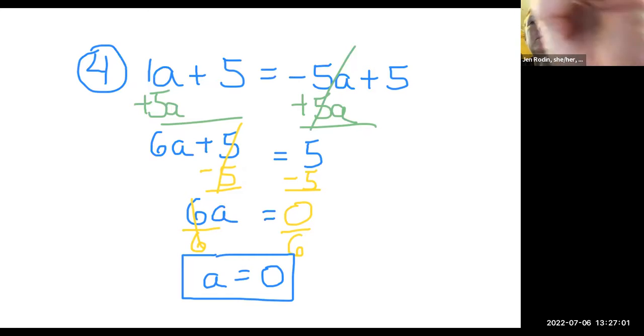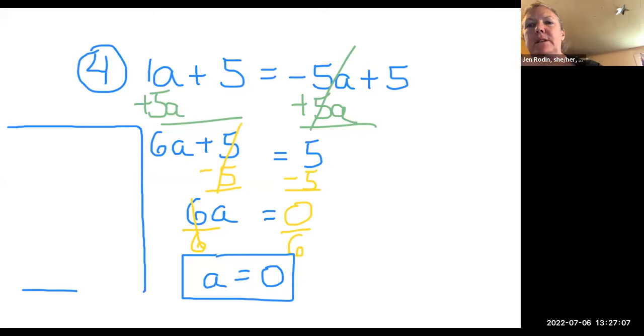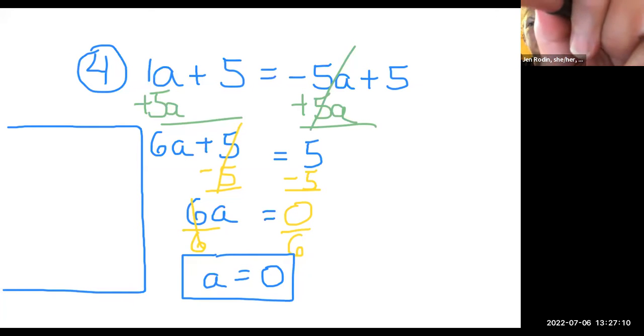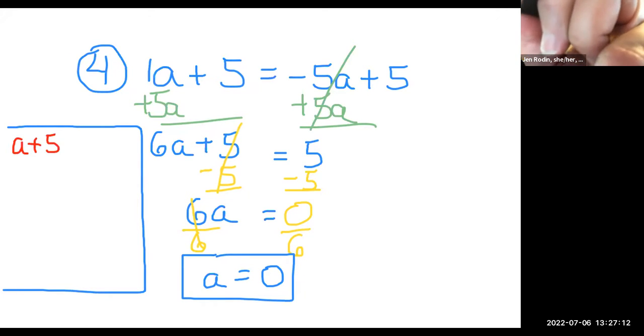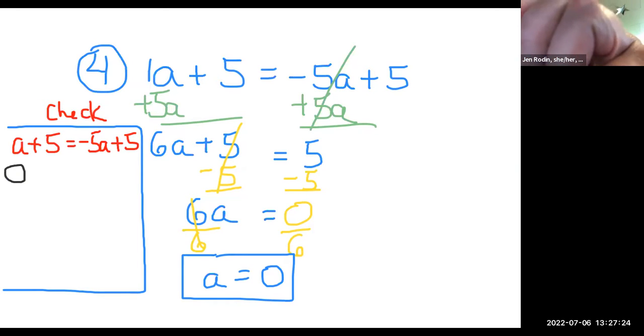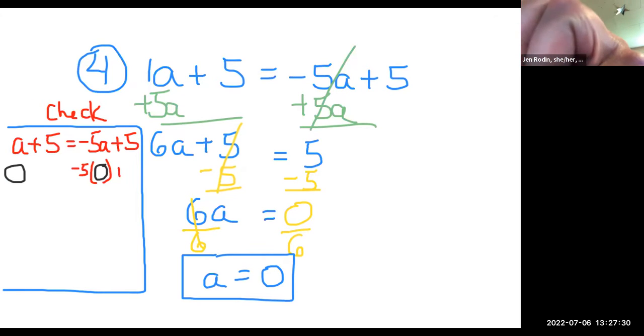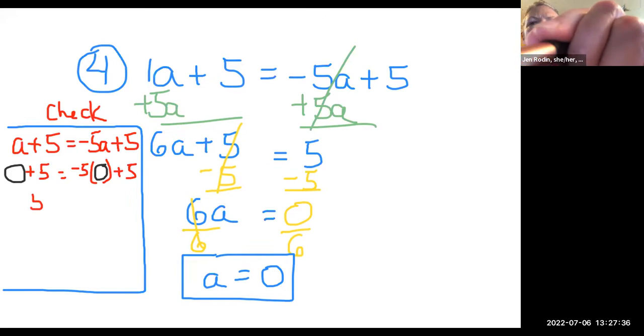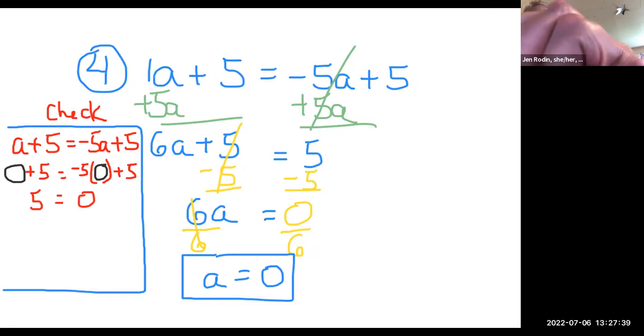And let's look at the original equation. I'm going to show the check over here like some students do, which is very nice, just to model what I do if I have a whole whiteboard in the classroom. I put the check off to the side. If a is 0, I'm just going to plug it in wherever there's an a, and then simplify. 5 equals 0 plus 5. 5 equals 5.